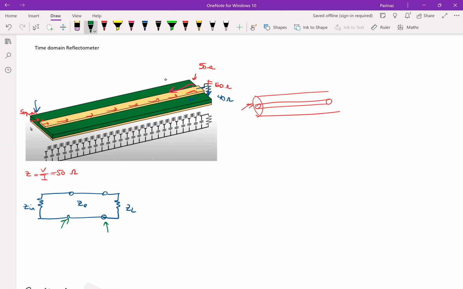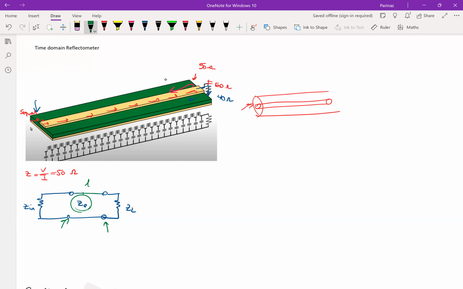Even if the impedance of the transmission line changes over this path, over the length, again, we might have reflections happening, okay? So in this straight line, we can see that the width is not changing, nothing about the structure is changing over the length, so it's length independent, so we can show the whole transmission line with the Z0, right?